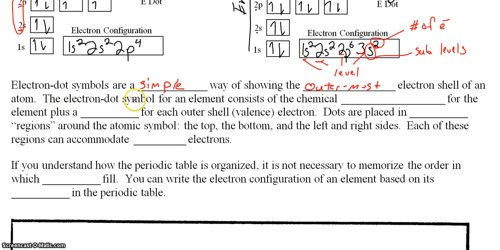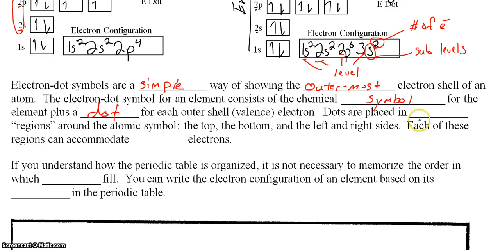The electron dot symbol for an element consists of the chemical symbol for the element plus a dot for each outer valence electron.